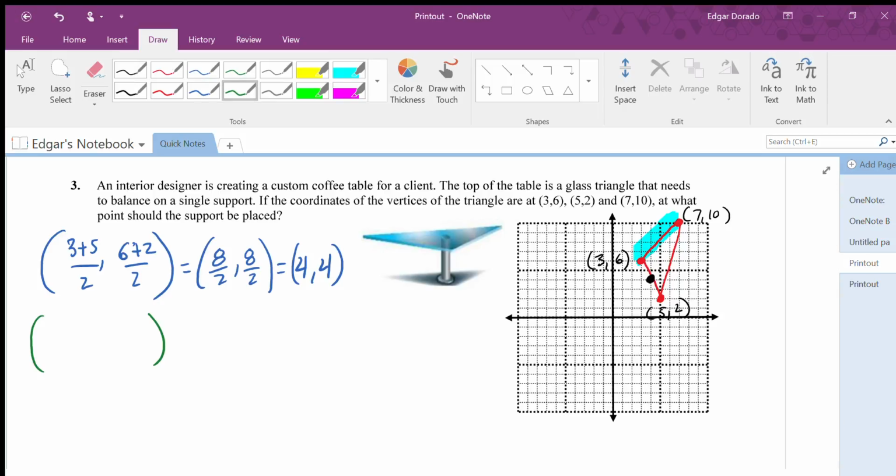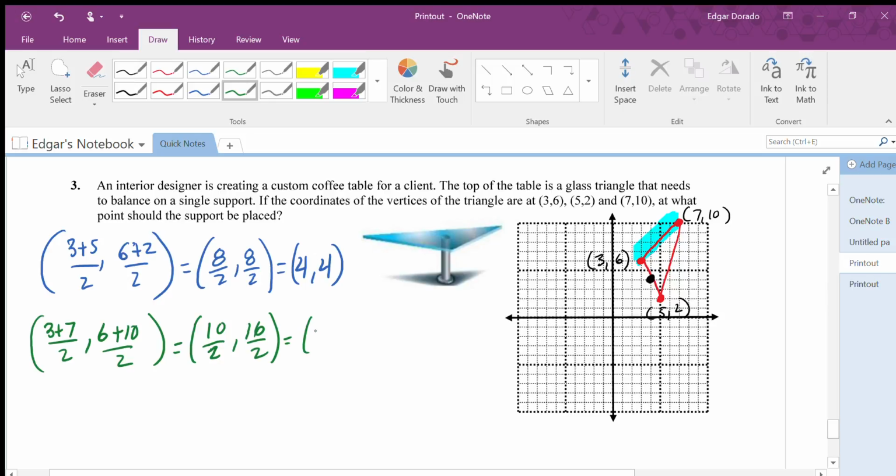So 3 plus 7 over 2 and 6 plus 10 over 2 to get 10 over 2 comma 16 over 2, which will give me 5 comma 8. Go ahead and graph that. 5 comma 8, look at that, looks pretty good right there.